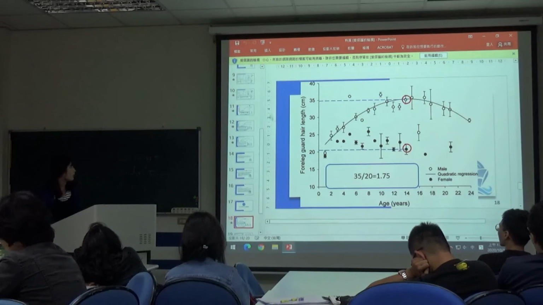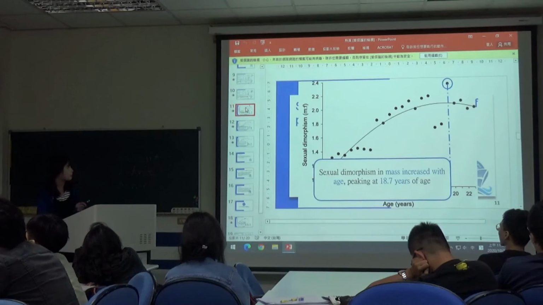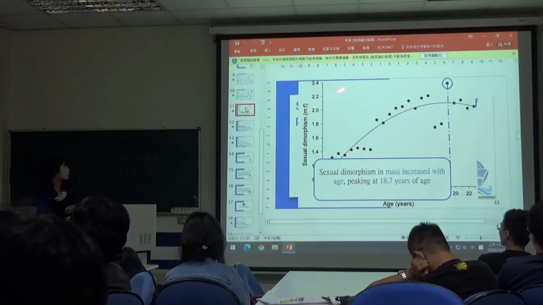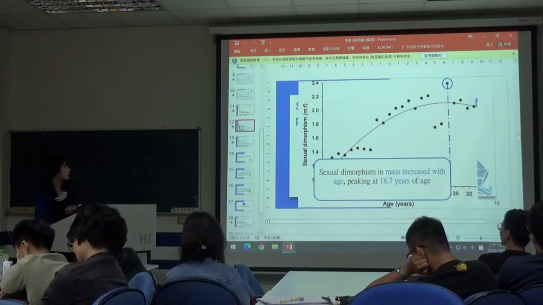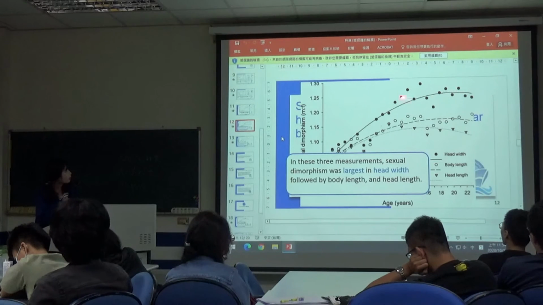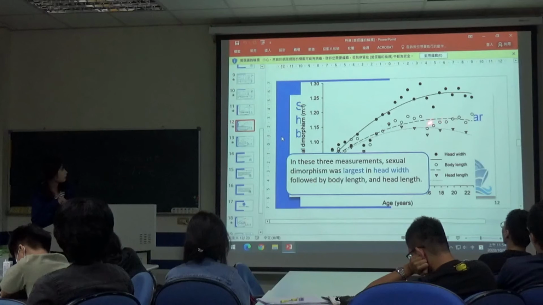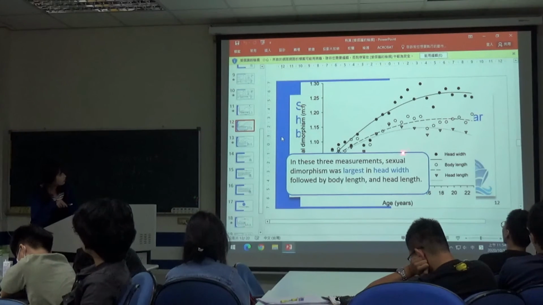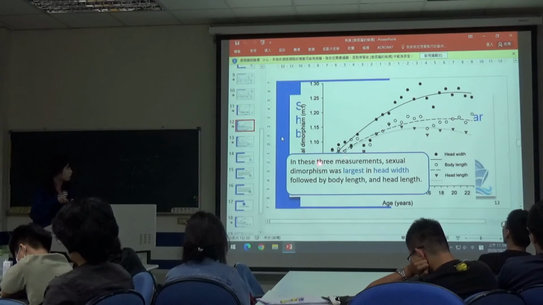And the other data: mass is about 2, and the head width is about 1.2, and this one is 1.15, and the other is 1.1.